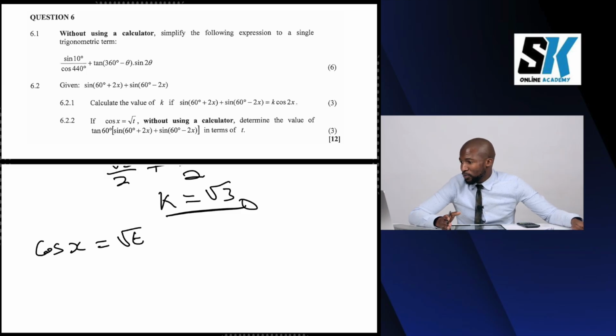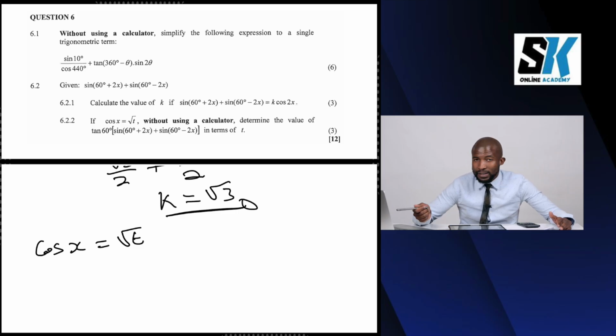Okay, let's see. So without using a calculator, determine the value of tan 60 times (sine (60 plus 2x) plus sine (60 minus 2x)) in terms of t for 3 marks.